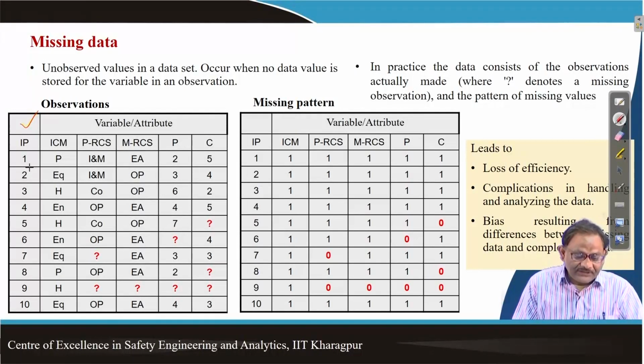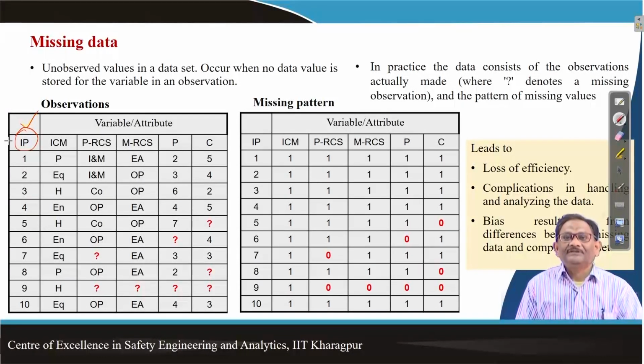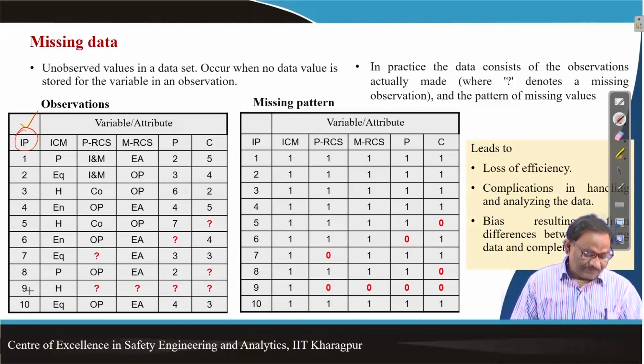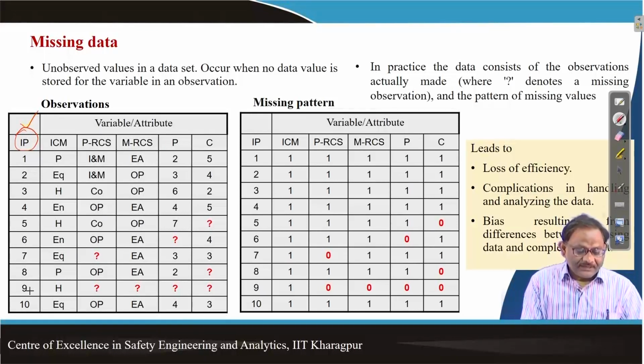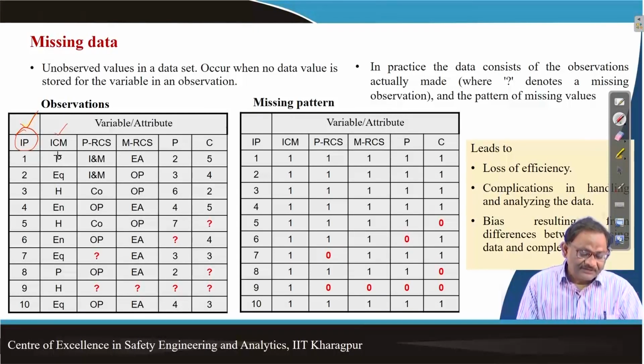In this particular example, we have considered the first column as incident path. We have discussed what an incident path is earlier. Suppose there are 10 different incident paths documented in an Excel array. The second column talks about incident causing mechanisms, whether process related, equipment related, human related or environment related.